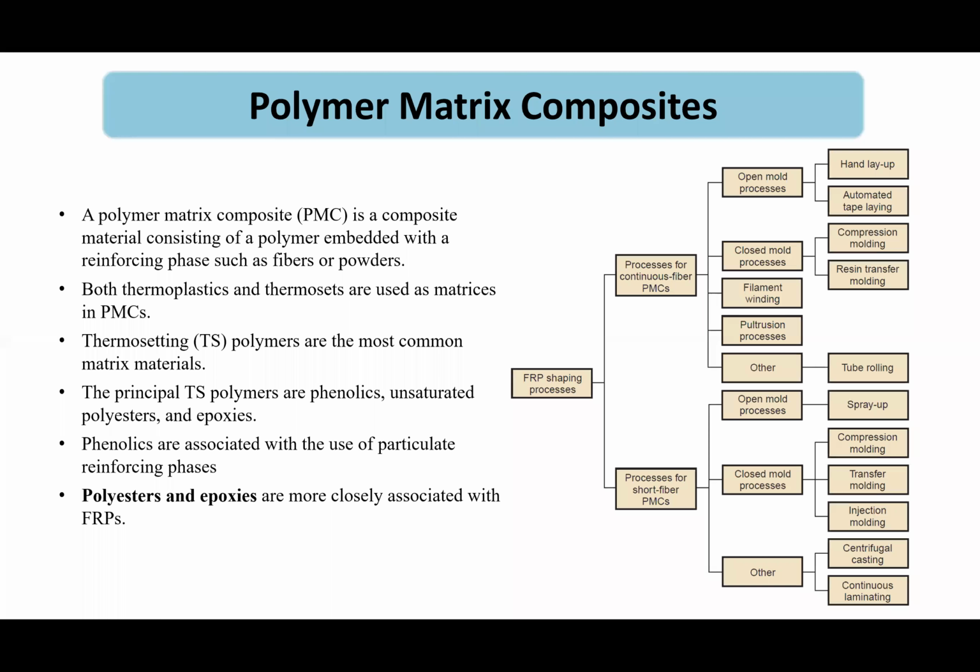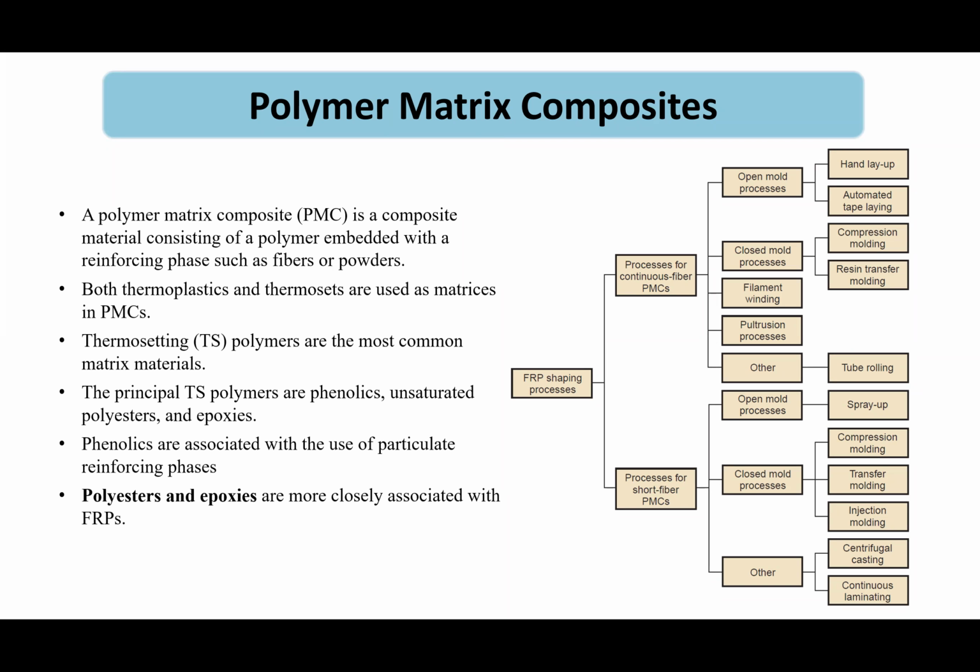First, for continuous fiber processes, there is the open mold process, where you take a container and use it to shape the fiber reinforced composite according to your requirement. There are two methods: hand layup or automatic tape laying. We'll be discussing those later on.